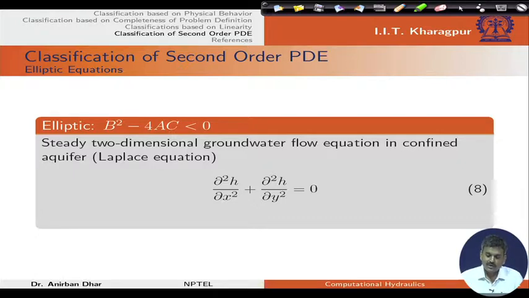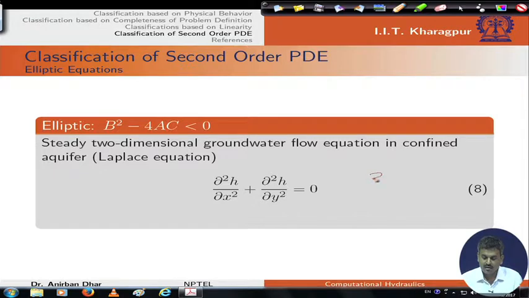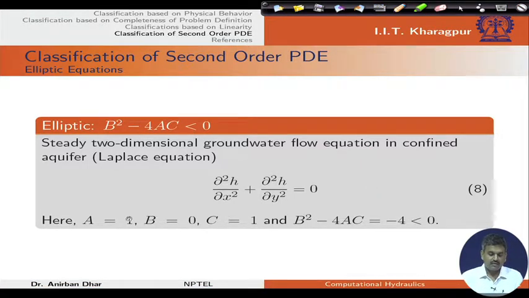Again, if we compare this equation with our original equation, we have coefficients 1, 1, but for the cross term the coefficient is 0. So, a is 1, b is 0, c is 1. So, b square minus 4ac is minus 4, which is less than 0. So, we can say that this equation is elliptic in nature.